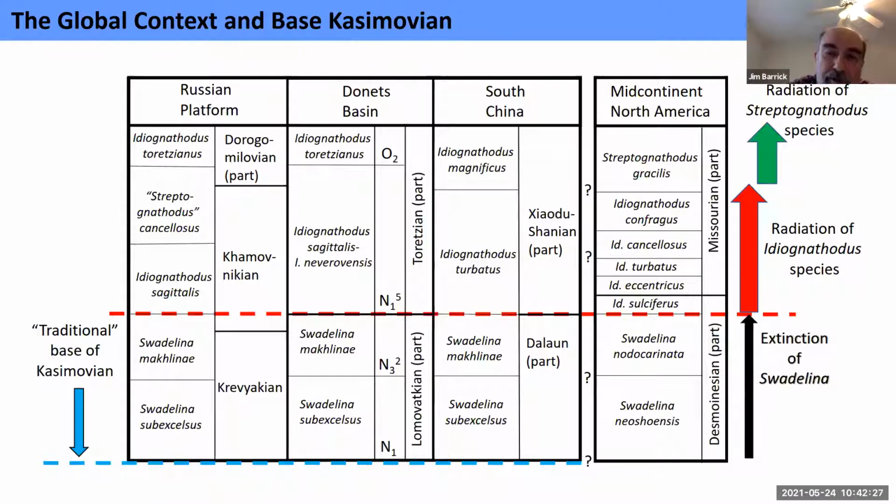And the thing that bothers me a great deal is, how endemic are these patterns of radiation? I think North America is highly endemic, and that's part of our problem. But again, in the Russian platform and Donets Basin and South China, there are comparable radiations going on. But when I look at these faunas in these other areas, they look similar, but they don't look the same. So it's very difficult for me to tell if the species are in common.